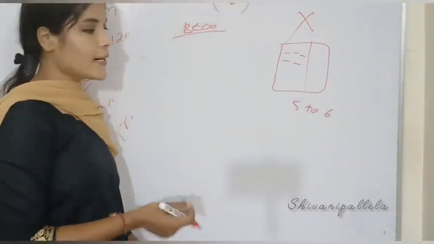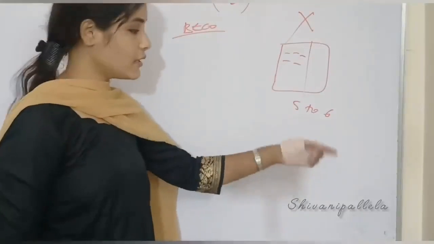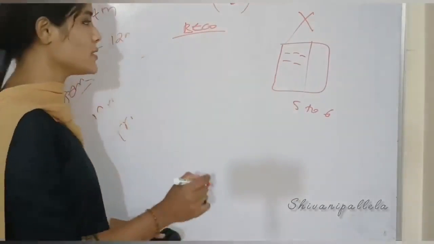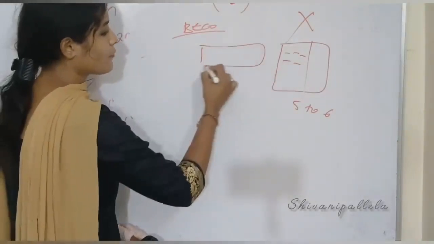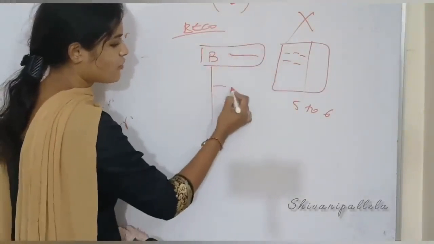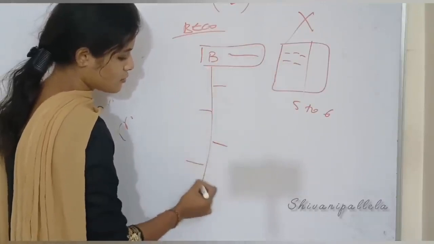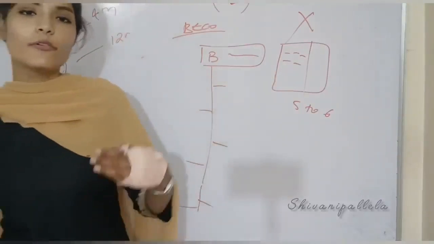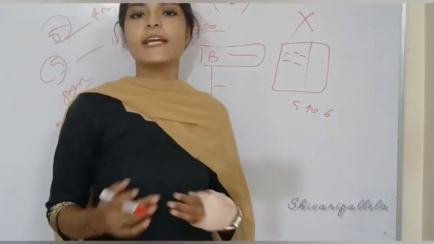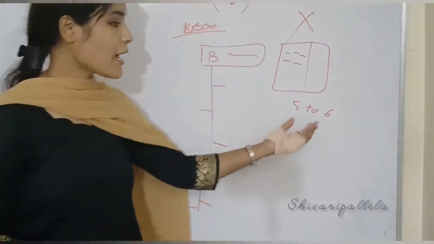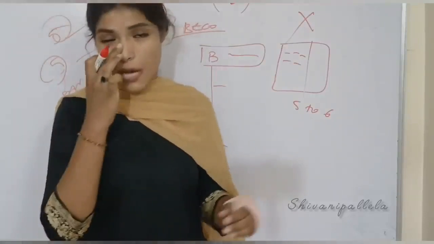But in the matter, whatever the points are there, that matter also I don't know. That time what I will use is, like this I will draw. Business economics. Whatever the points I am writing, like this I will do some flow charts. Then half of the page you will get, draw that flow chart. It will be impressive for the paper evaluator, and anyway you are elaborating your answer also.